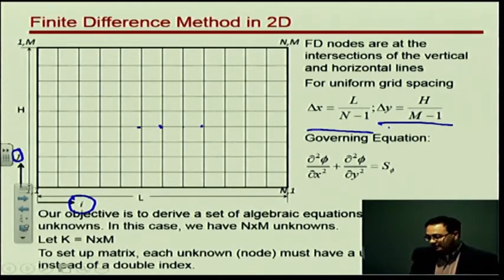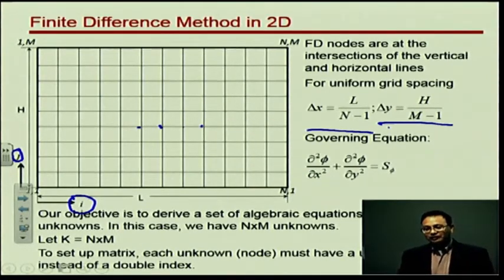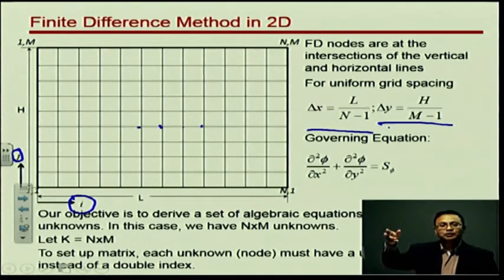One common mistake I often see students make is that I go through the lecture and then ask them to write a program. They allocate a coefficient matrix which is n times m. No, the coefficient matrix is n times m by n times m, because n times m is the total number of unknowns. So don't allocate memory for a coefficient matrix of n by m.